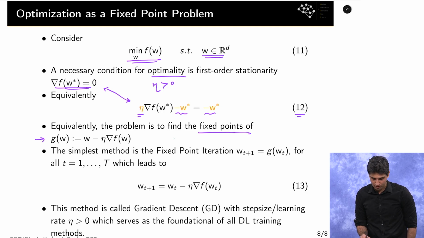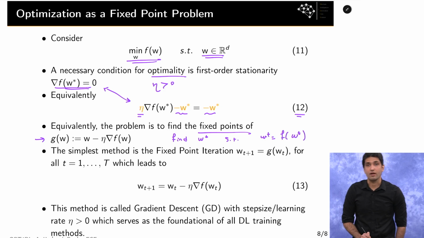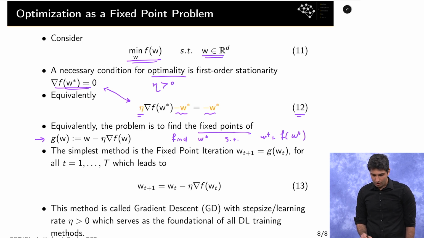So essentially, the goal is to find W star such that W star is equal to g of W star. This is called the fixed point calculation problem. The simplest method for this is called fixed point iteration, where you iteratively apply your function to find the fixed point. You start at some W1, you feed it to the function g, and that gives you W2, the next solution. You keep doing this over and over again until hopefully you converge to a solution.